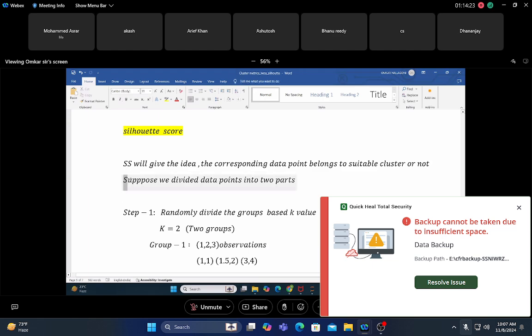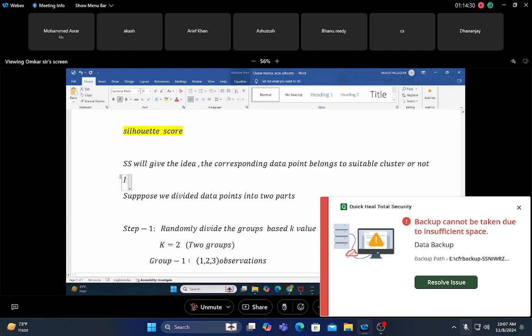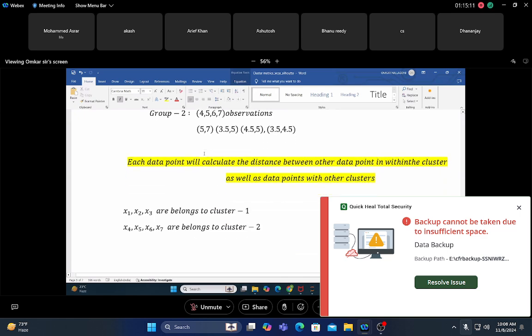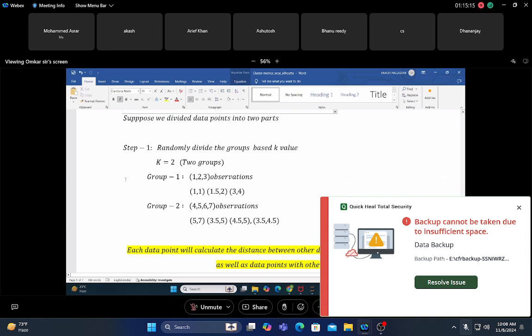The Silhouette score gives an idea about how well a data point is clustered. That is the main thing. We'll do a problem, then you'll understand.